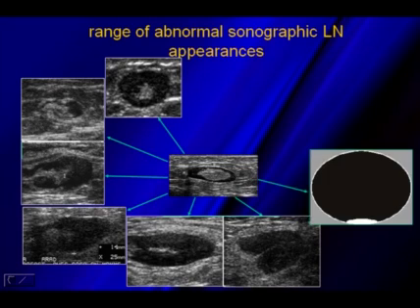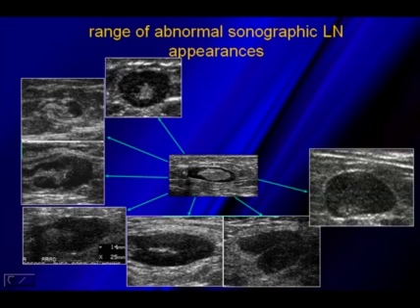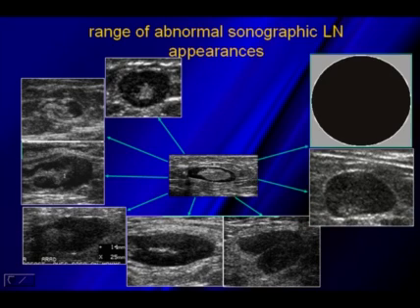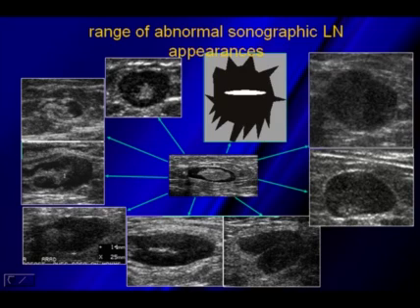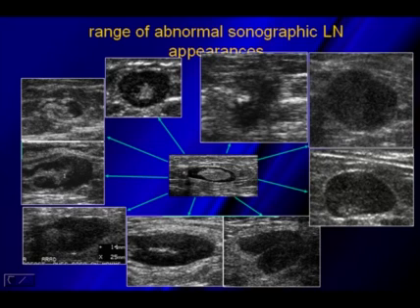You may have it where it compresses the fatty hilum to the outside of the lymph node. Sometimes you may have a lymph node that just looks grossly abnormal, almost like a round ball. And at times, some lymph nodes may even become very ragged and jagged and actually look just like a metastatic lesion itself.